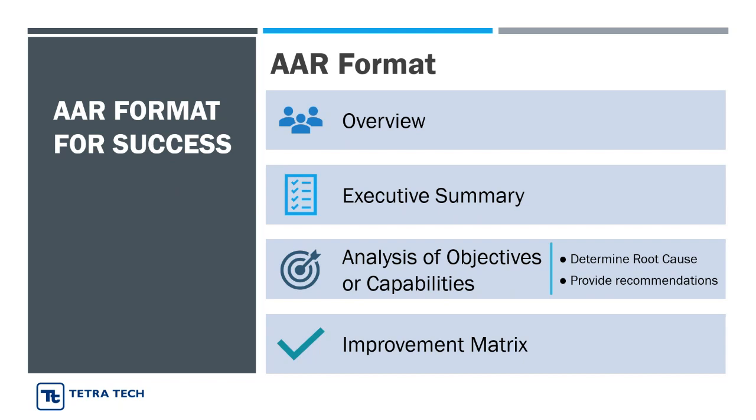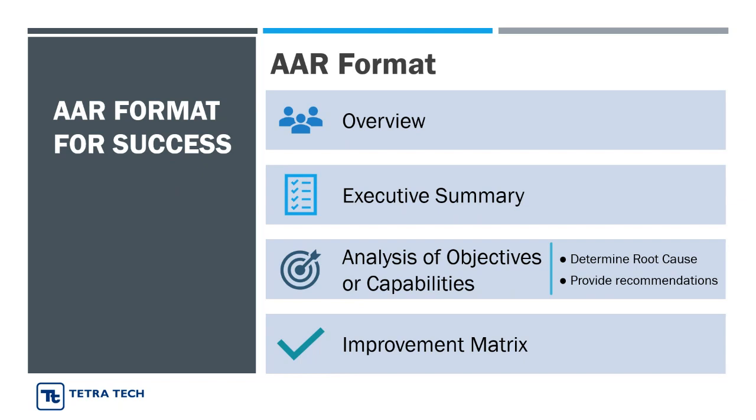I encourage you to try to synthesize that away from the AAR and try to make that in some usable format or graphic that reads well in the after action report. So this analysis of objectives or capabilities, pardon me, it analyzes the capabilities, the observations, and then we have the recommendations based on root cause.